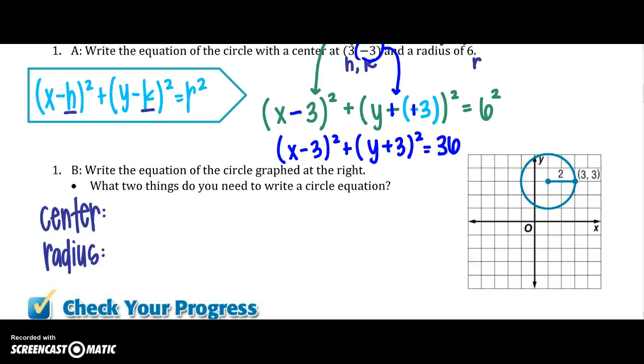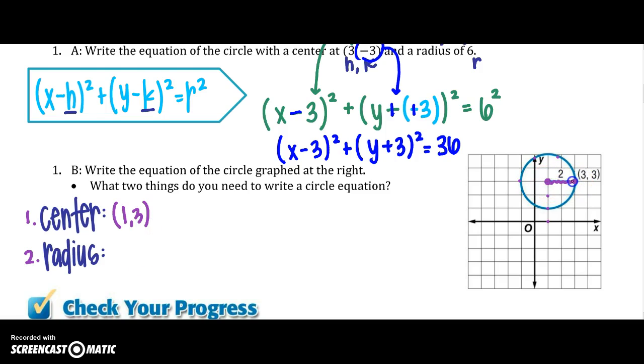Write an equation of the circle graphed at the right. Two things we need to write an equation: the center and the radius. So our center is the point at which all points are equidistant around. So our center is at 1, up 1, 2, 3, so (1, 3). And our radius is how far the center is away from the side.